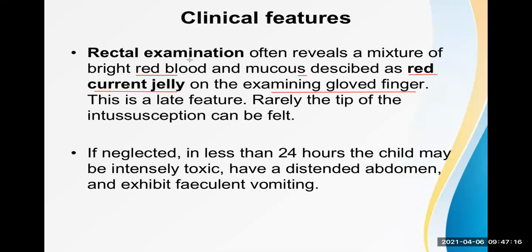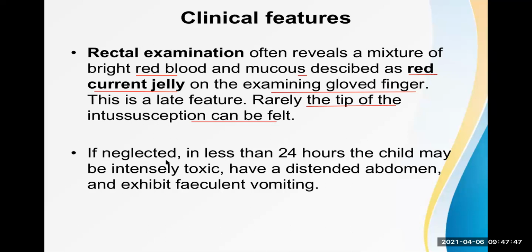This is known as digital rectal examination or per rectal examination, and you of course wear a glove there, and on your gloved finger, bleeding is seen along with mucus, which is known as red currant jelly stool. Very rarely, the tip of the intussusception also can be felt if it is going way distally, but usually, it is not going that far, so the tip is not usually felt.